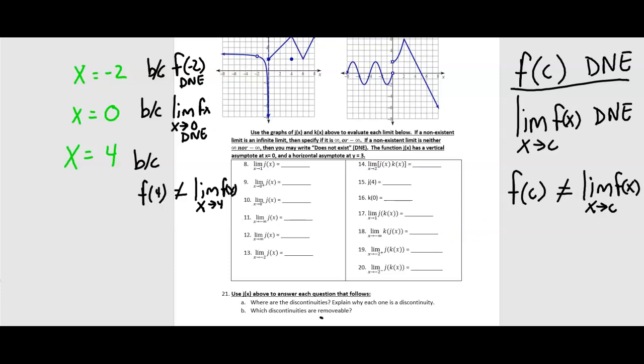A removable discontinuity is one where the limit exists. So the limit exists here and the limit exists here. So the answer to part B would be, we have a removable discontinuity at -2, and we also have a removable discontinuity at 4. The only one that's not removable is the one at 0, because that's the one where the limit doesn't exist.